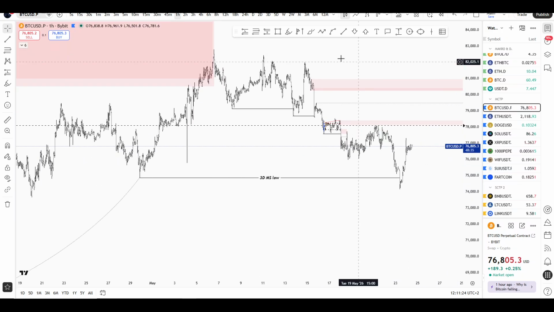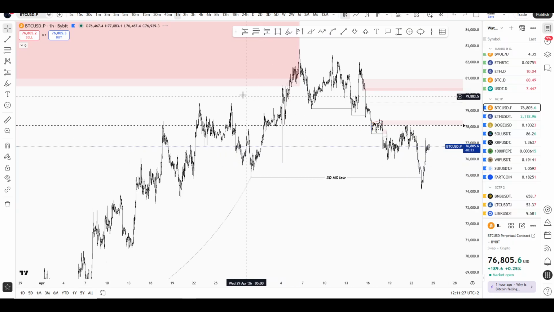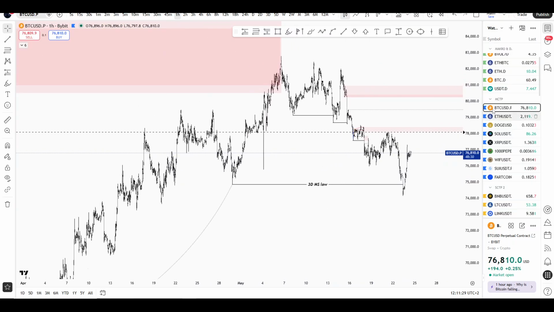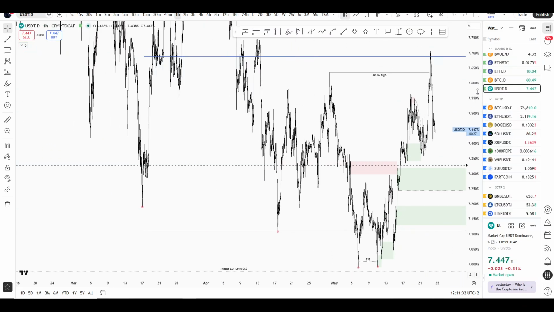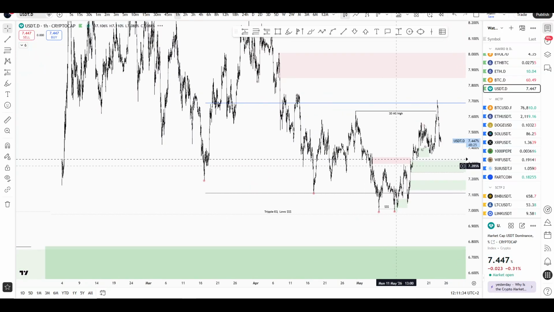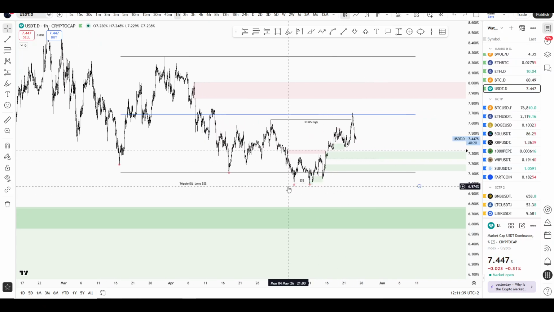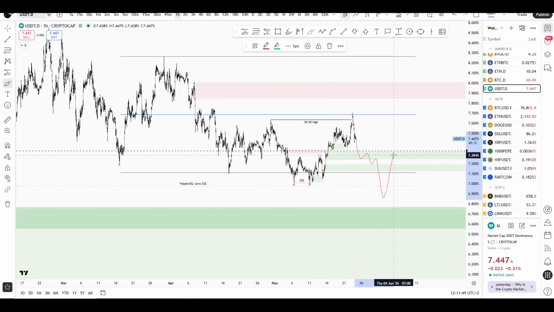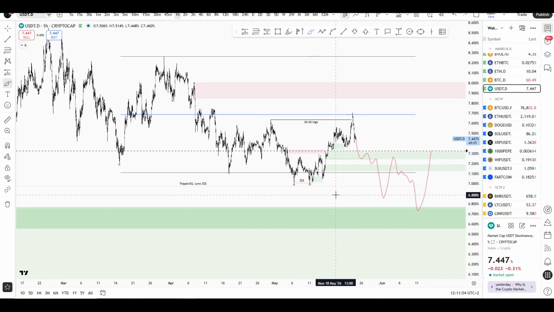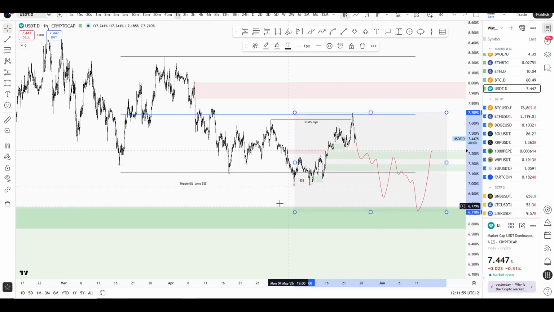a range here. But this overall price action here lacks in distributive price action. USDT is a lot cleaner here from an accumulation perspective. If we take out these lows, I would look at a new range from this low to this high, and then this could be the playbook where we actually mitigate the demand below, and then I would look at this range here.